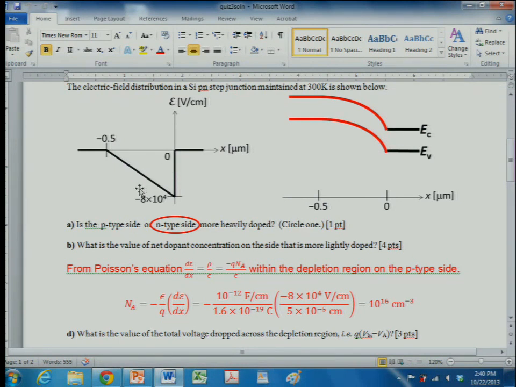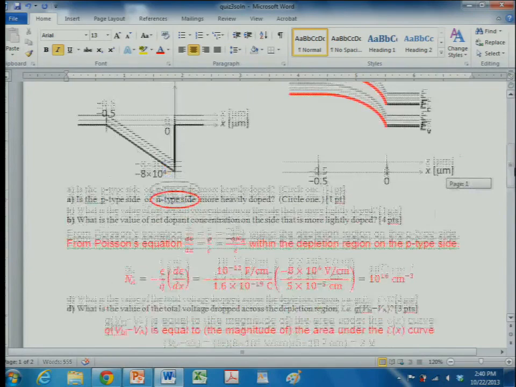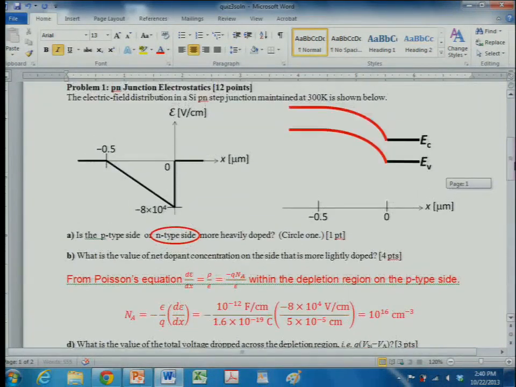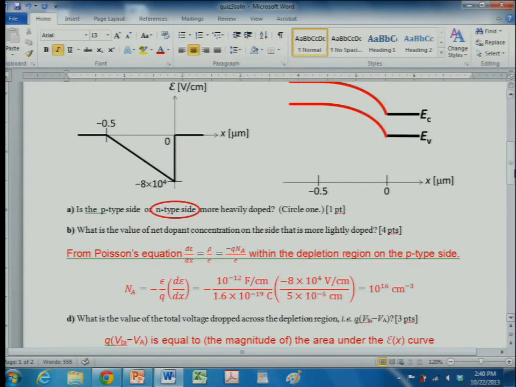Just a note on the quiz. My eyes. What? Okay, wait. So on part A? Yeah, I thought you were asking for the more likely doped side, so I circled the other one. How can I tell if you thought that?